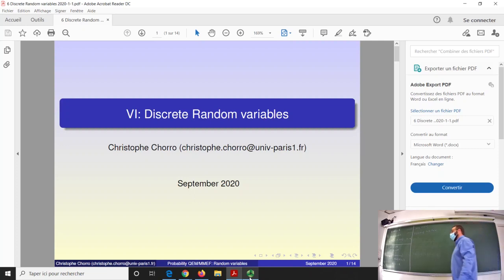What is the meaning of countable? It means that it can be finite or infinite, but if it is infinite, my elements can be written as the elements of a sequence. So it can be infinite in some sense, but not too infinite.